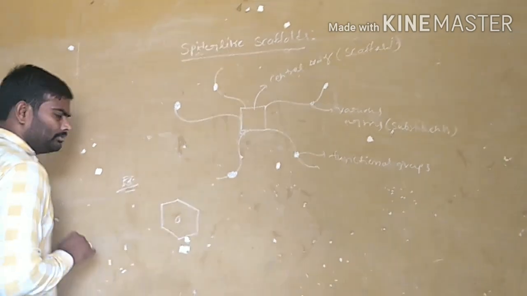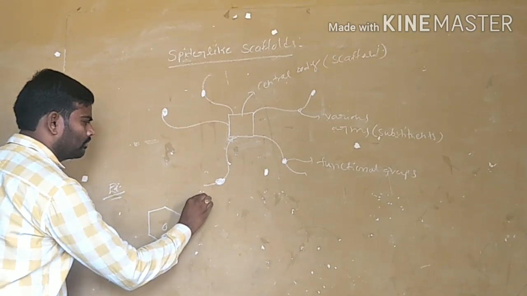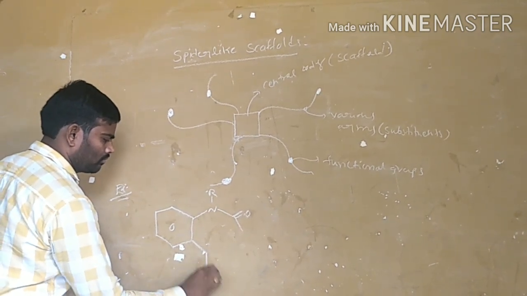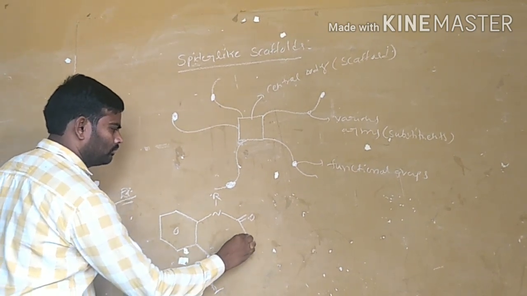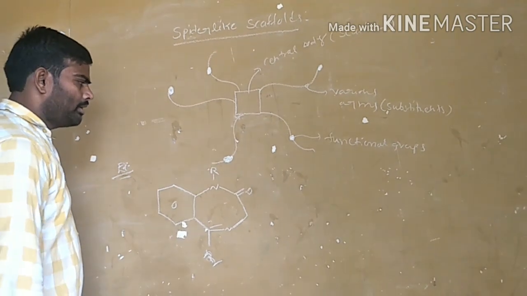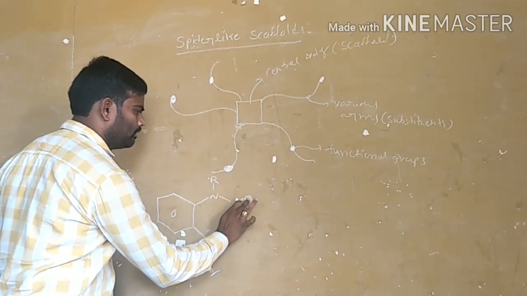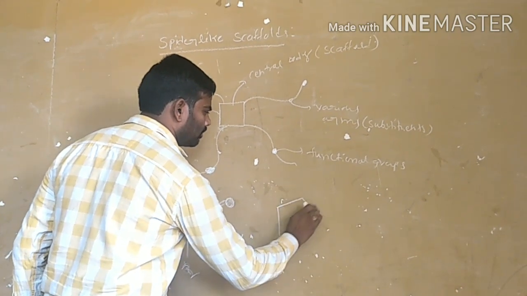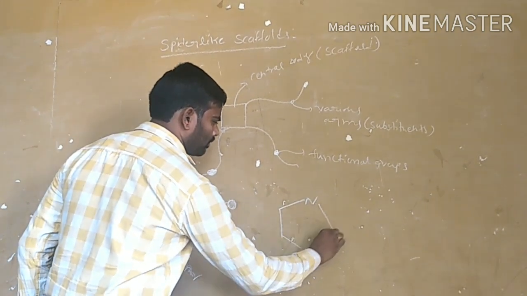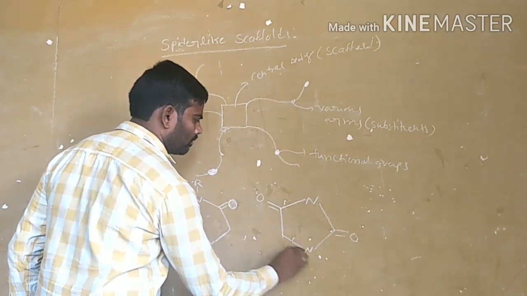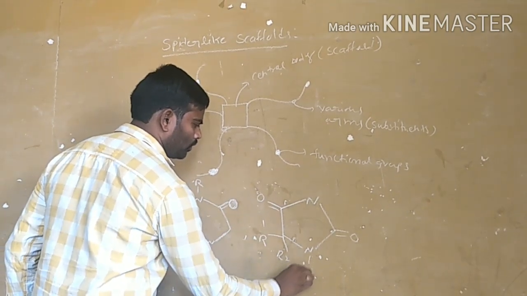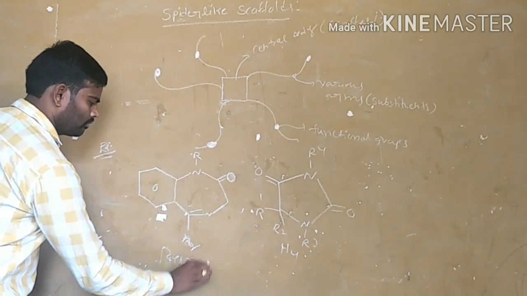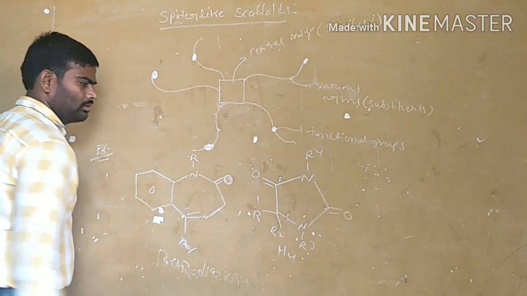Examples for the scaffolds are benzodiazepines, where this is an active functional group also, and hydantoins, with R2, R3, R4.